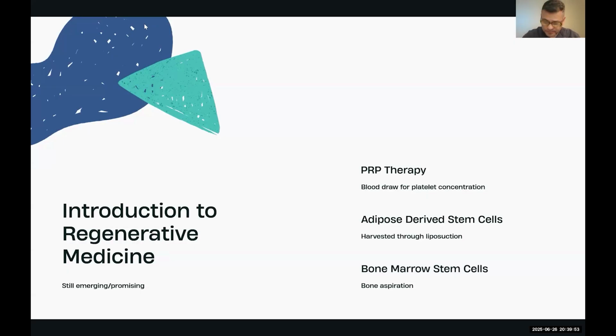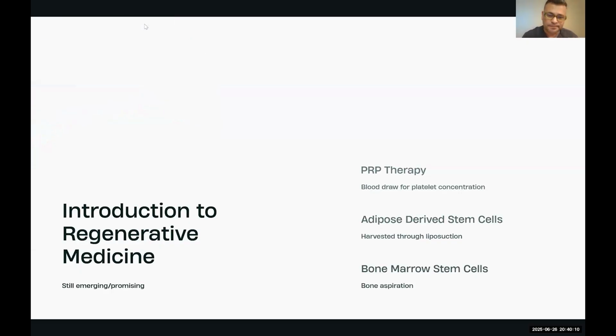Now, briefly, as we know, the main differences between the three that I'm going to be talking about: PRP, which is a blood draw followed by concentration; the adipose-derived stem cells obtained through harvesting; and the bone marrow through a bone marrow aspiration. Right? That's just briefly.